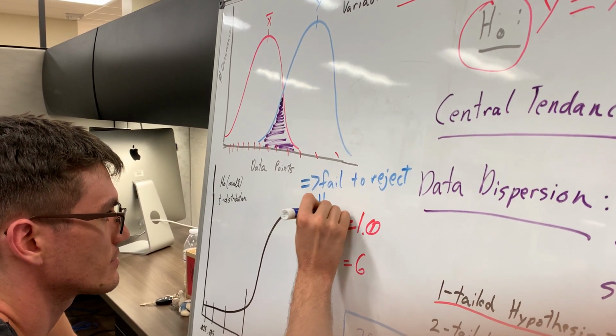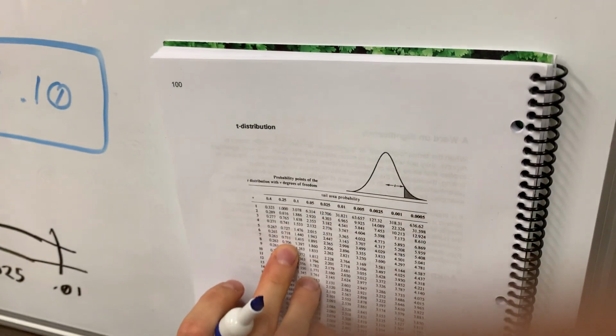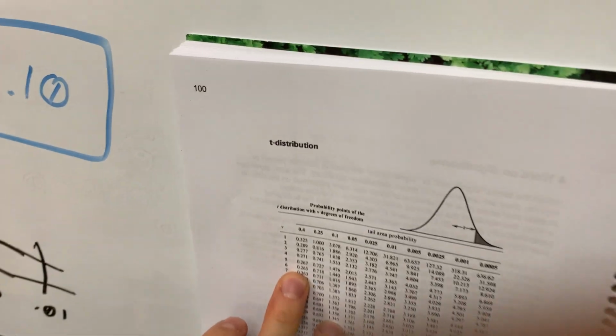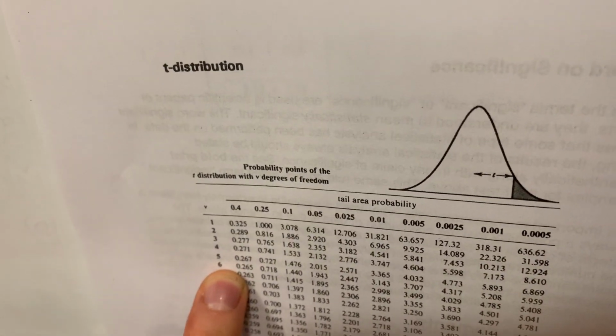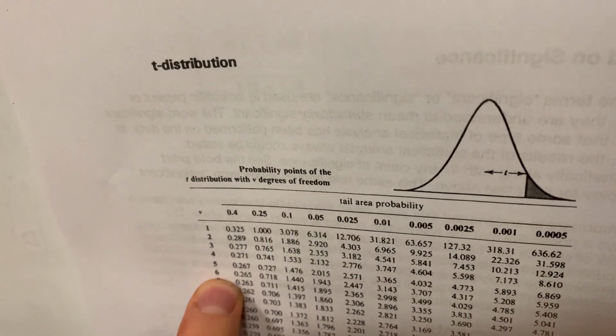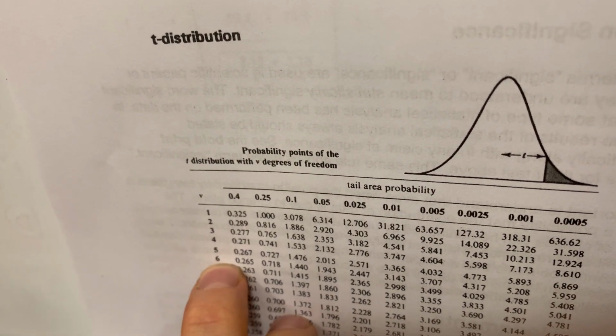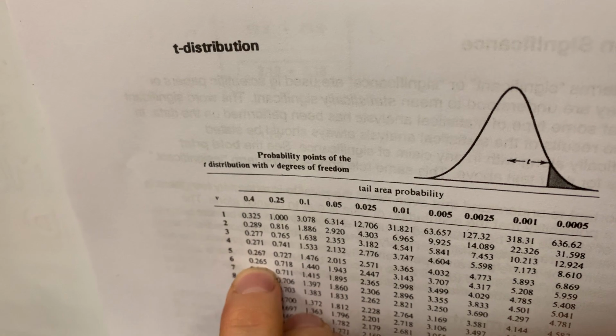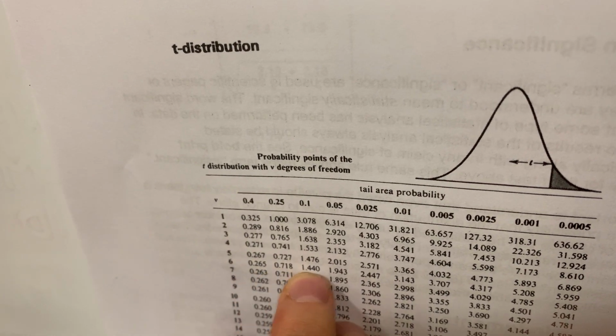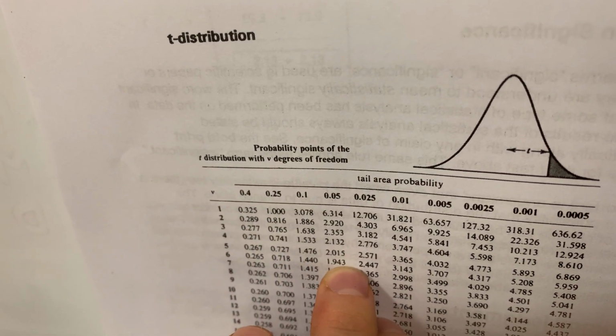the null, right? Now, if you come back here to the t-distribution table, let's say we had a t-value of 2.5 with the same number of degrees of freedom, okay? So the same total number of data points. If we had a t-value of 2.5, we keep going to the right, okay? We go past 0.05, okay?